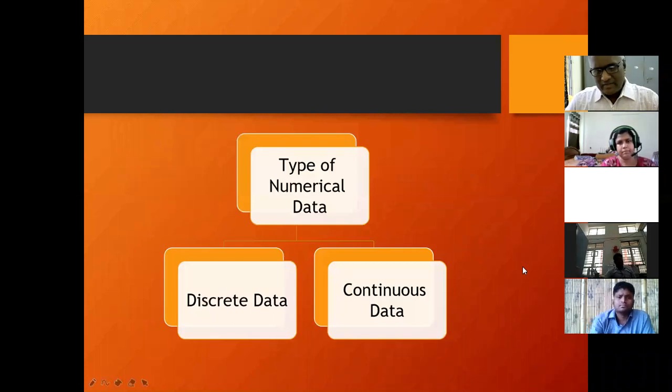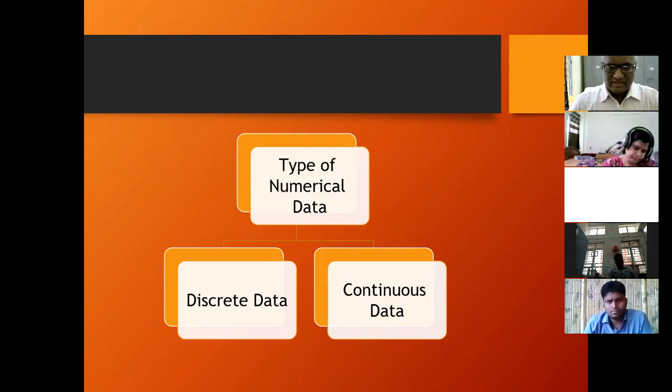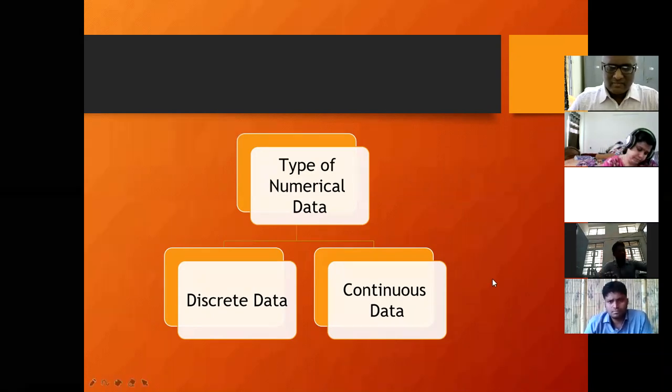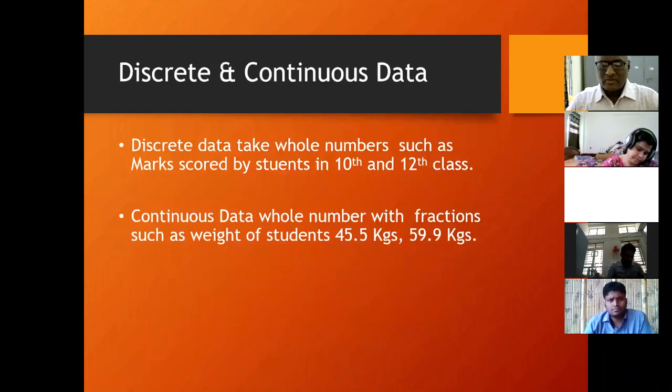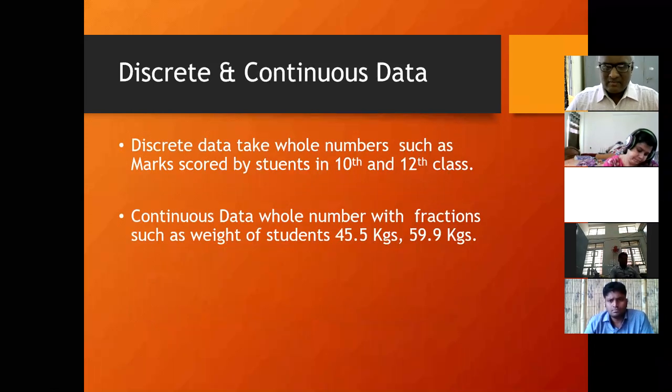Now, we divide the numerical data into two categories. One is discrete data, another one is continuous data. What is discrete data? Discrete data means whole numbers. For example, marks scored by students. It may be 0 to 100. 0 is the minimum mark, 100 is the maximum mark. Marks 10, 15, 20 like this, 0 to 100, discrete variables.